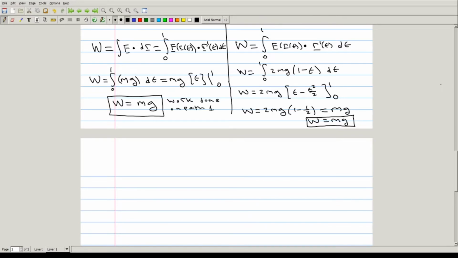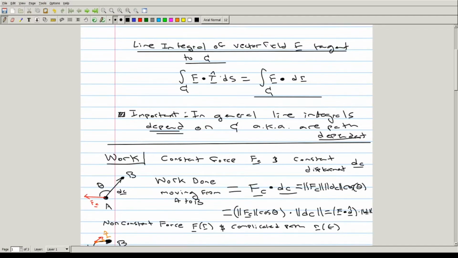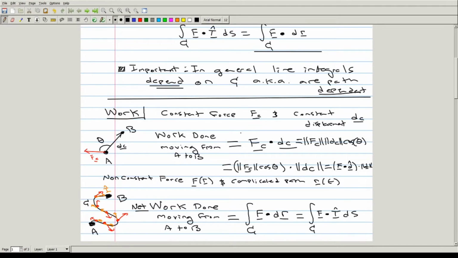It shows us that there is a certain class of vector fields for which the line integral, specifically the line integral tangent to curve C, this third type of line integral right here, is path independent. So it's not always path independent. In general, it's not.